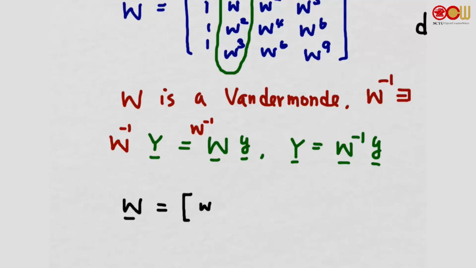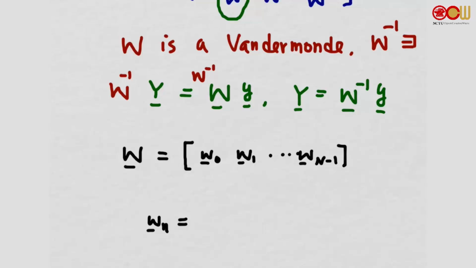We have a small w0, the first vector, w1, this next vector, and then w n minus 1. These are the column vectors of W. The nth column vector of the big W matrix is simply 1, and then w^n, where this is a scalar w, and then w^(n(n-1)).